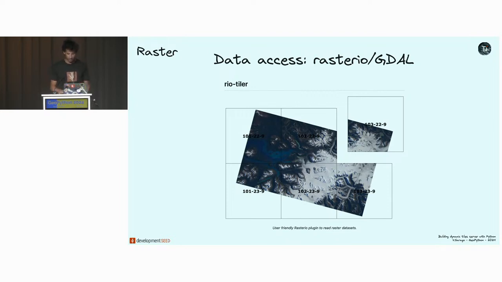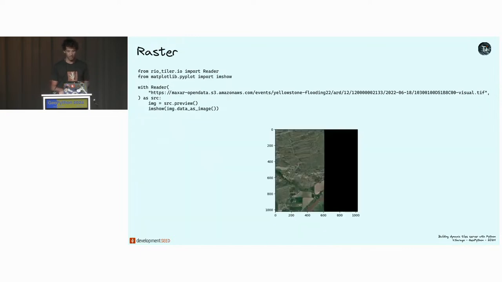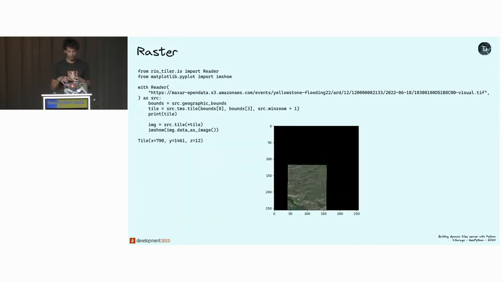So RioTiler will enable you to open a file and get some information about a file, or specifically just read a tile from this data, and it will take care of not fetching all the data, but just the part it needs because it's usually a cloud optimized GeoTIFF.